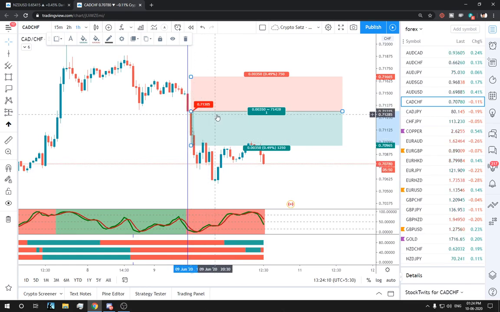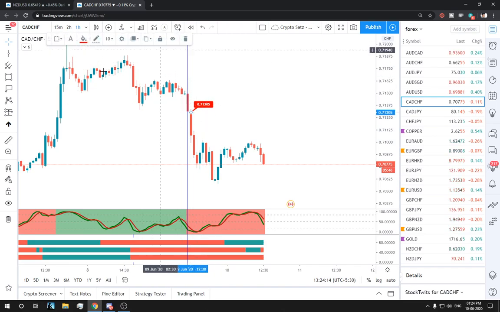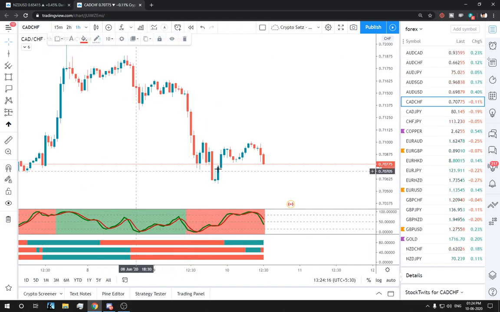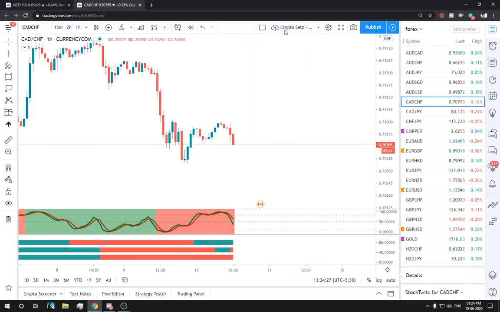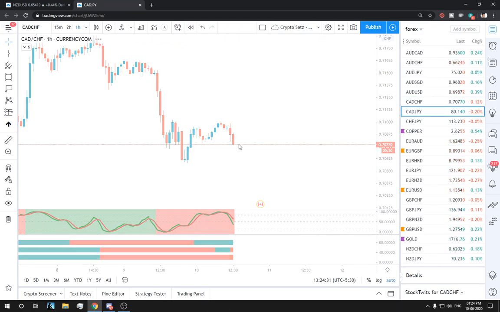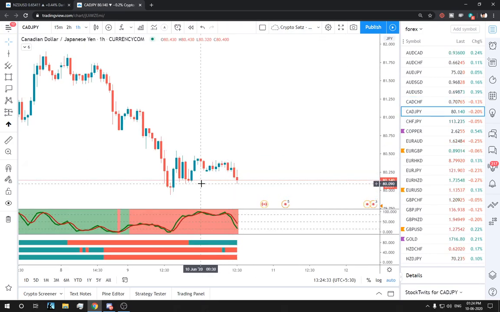We took this shot in my live channel, and I posted my results also. So this shot was successful, so I'll remove this. Now we are yet to get a short signal, waiting for this one bar to turn red, and once the candle closes in red, we'll take a shot in this one. So a nice setup is forming on CADCHF. So let's move on to the next one, CADJPY.